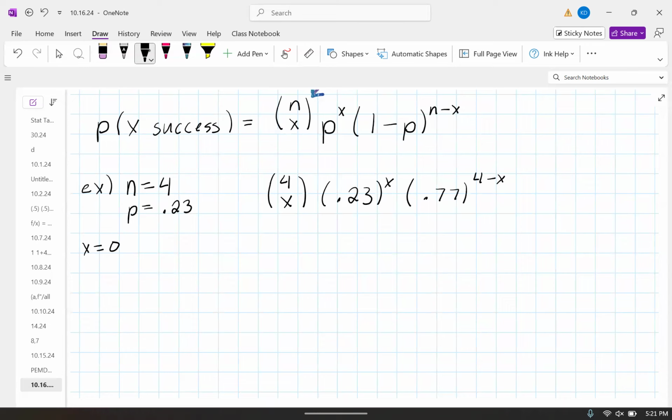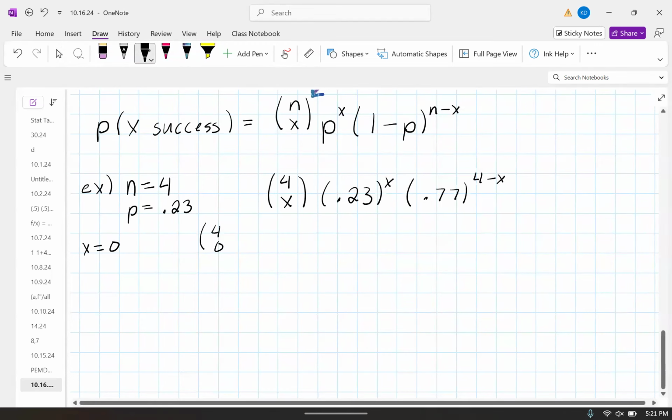So that's nice. The X is really the only thing that changes for us. So I plug it in. 4 choose 0, 0.23 to the 0 times 0.77 to the 4 minus 0, which is 4.